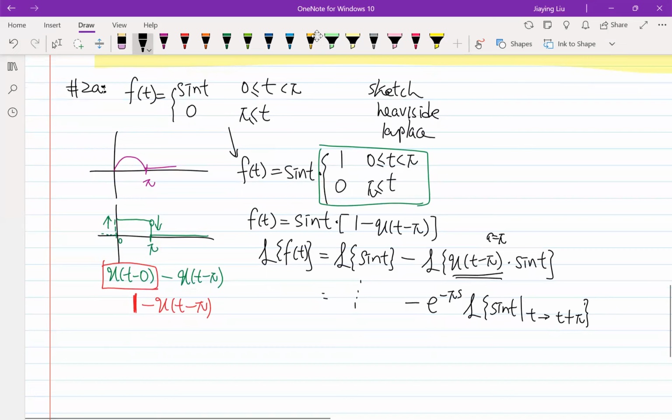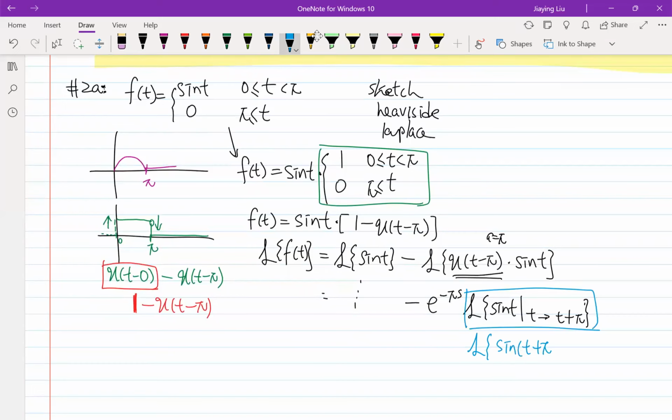And I'm going to be lazy and just focus on this Laplace transform part so that I don't have to write a lot. So that's going to be the Laplace transform of sine(t plus pi).